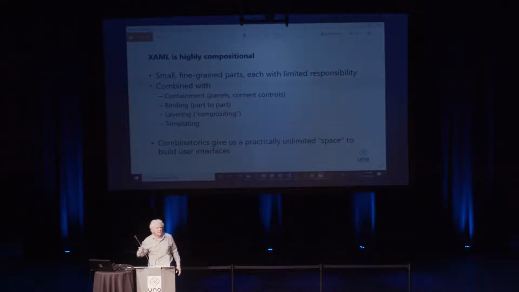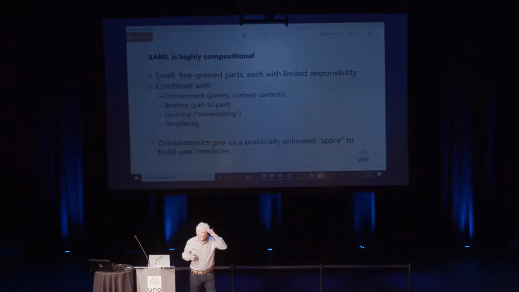But without apology, I think we can do better in the XAML world because we have some capabilities that those other platforms really don't. XAML is designed from scratch to be very highly compositional, meaning we have very fine-grained pieces with narrow responsibilities, and we combine those in various interesting ways.